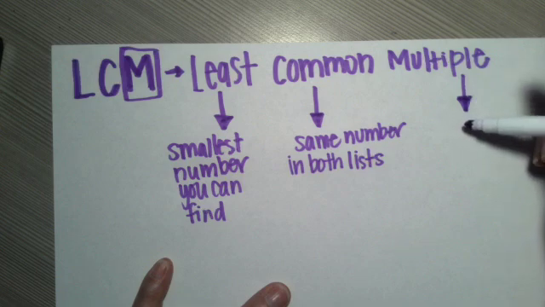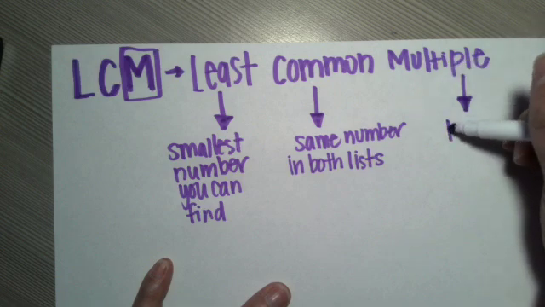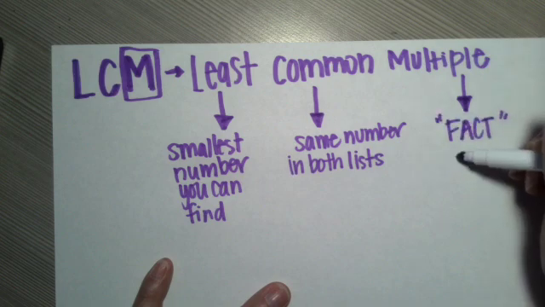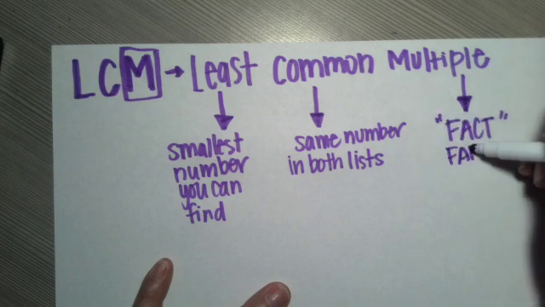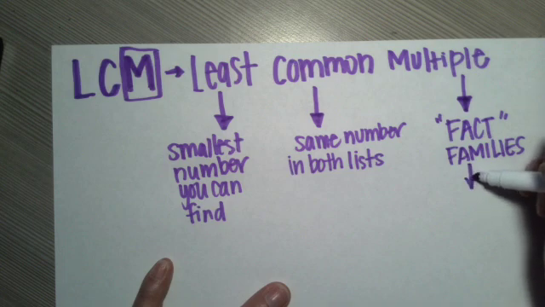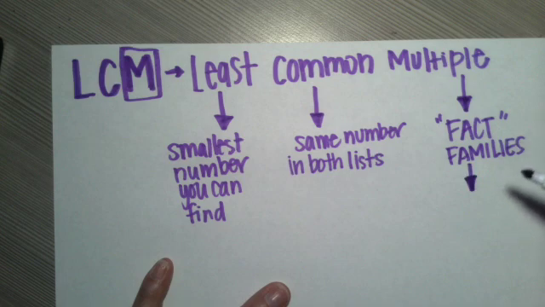So this next one is the word multiple. I want you to think of fact families, like multiplication facts. I also want you to think about families: there are multiple people in a family. That's what we call a group of people that live together, a family.